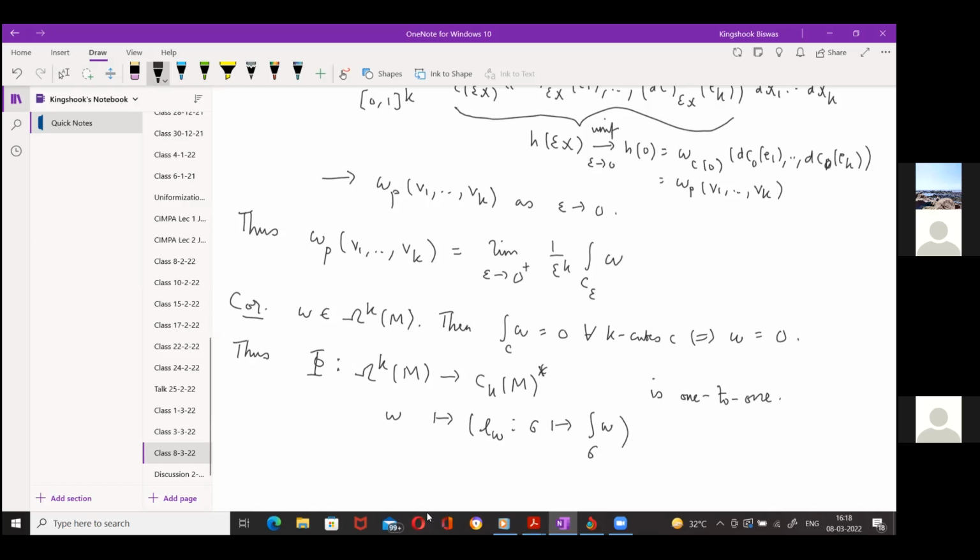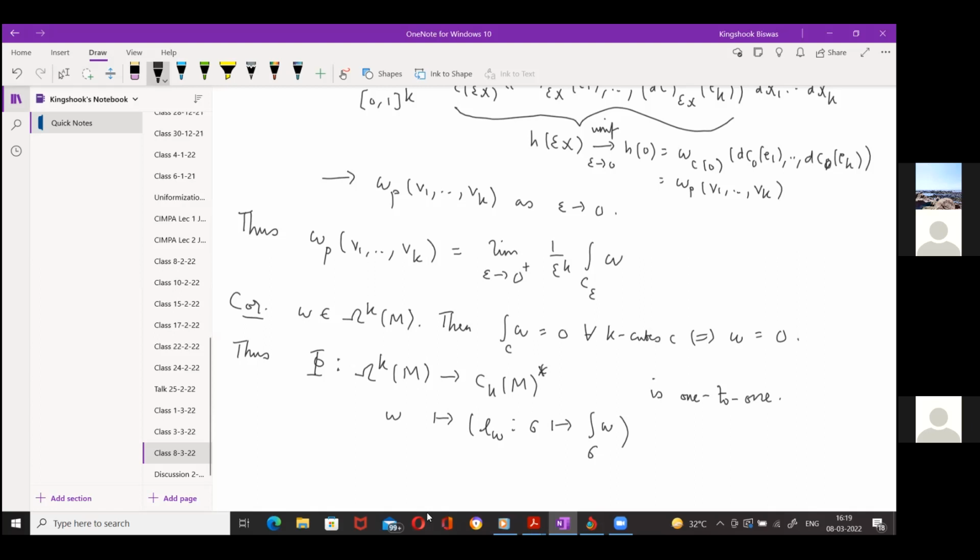So let's stop here. Next time, the idea is basically you have the boundary operator from C_k(M) to C_{k-1}(M). So its dual will go from C_{k-1}(M) star to C_k(M) star, right? Just the dual of vector spaces. So you have a dual linear map, delta star, which goes from C_{k-1}(M) star to C_k(M) star. Inside C_{k-1}(M) star, you have the subspace of (k-1)-forms. Inside C_k(M) star, you have the subspace of k-forms.